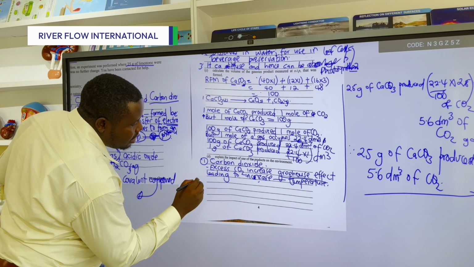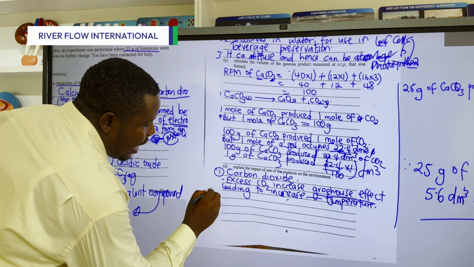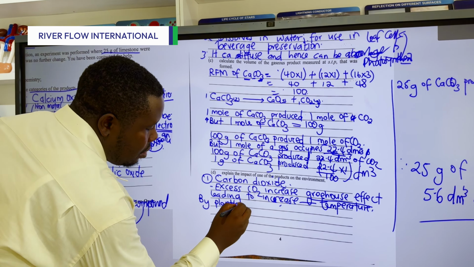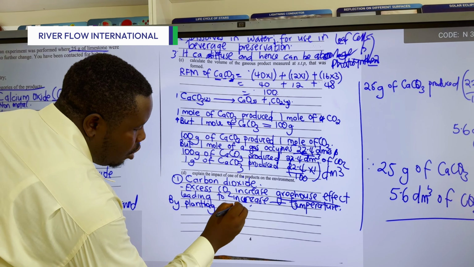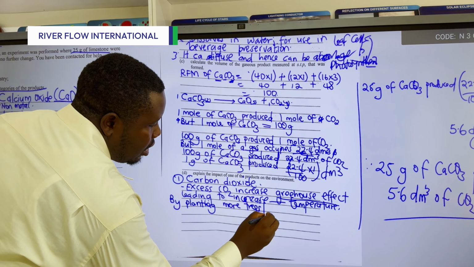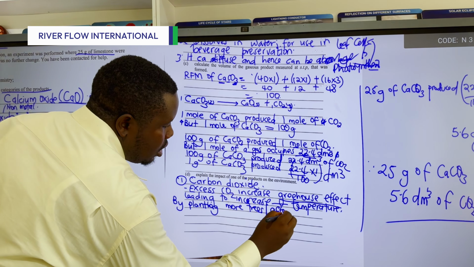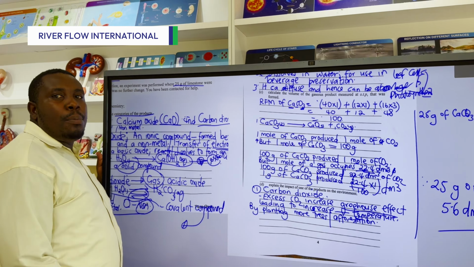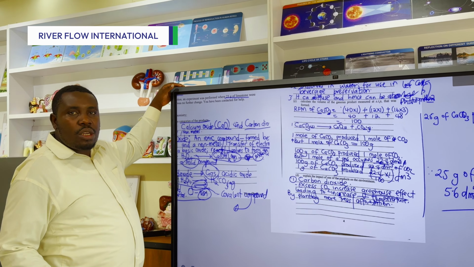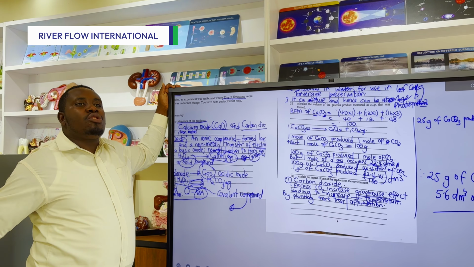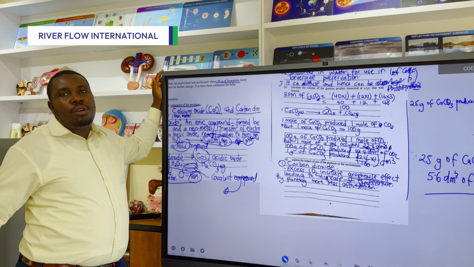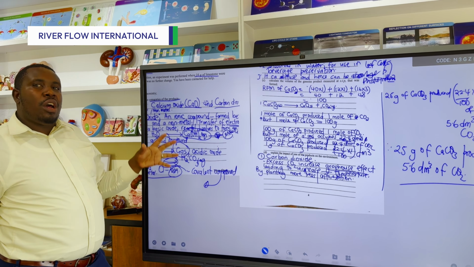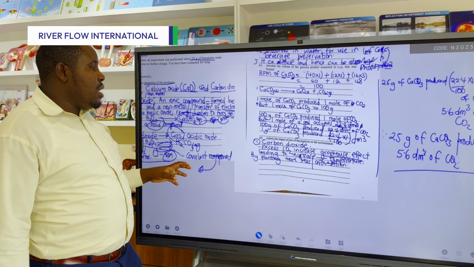How can we mitigate this? Number one, by planting more trees, which is afforestation. Why is this important? Because when more trees are planted in the environment where this industry is being used, the trees are going to absorb more of this carbon dioxide for photosynthesis, and therefore this gas will not accumulate in the atmosphere.